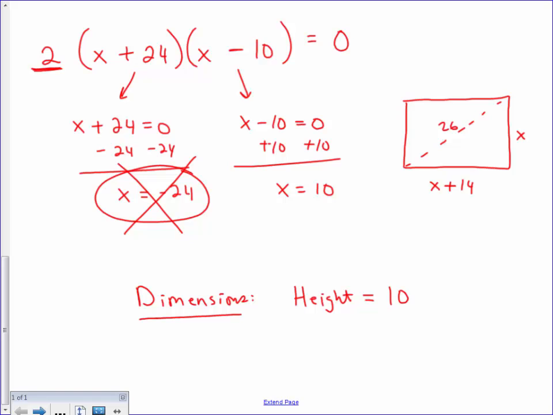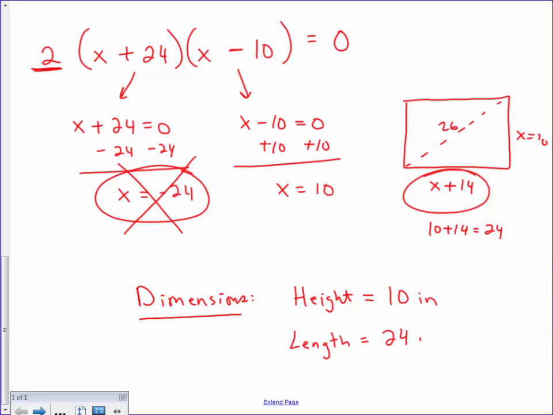This particular problem gave your units in inches, so this would be inches. And then a length, it says here that our length is 14 inches more than our height. So if x is 10, then our length would be 10 plus 14, which is 24.